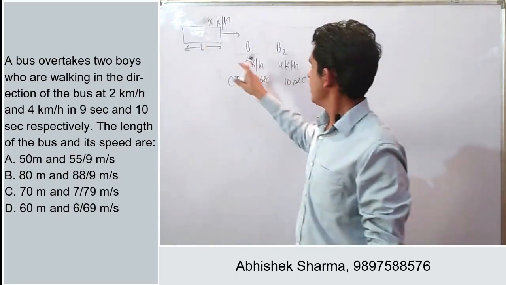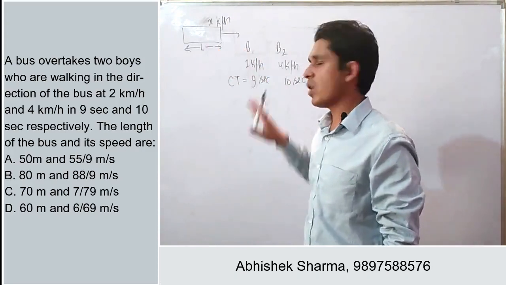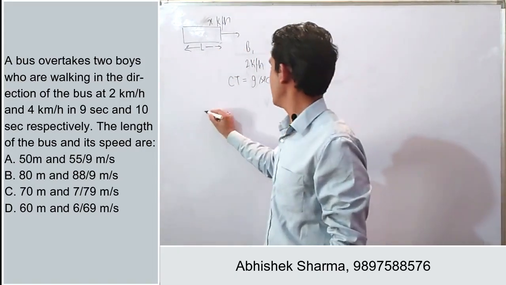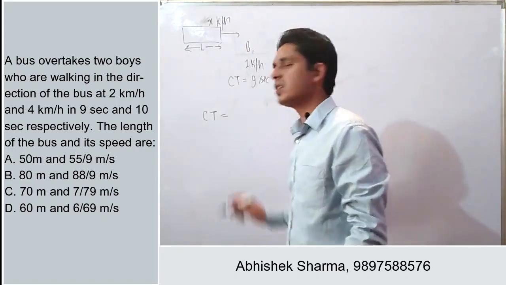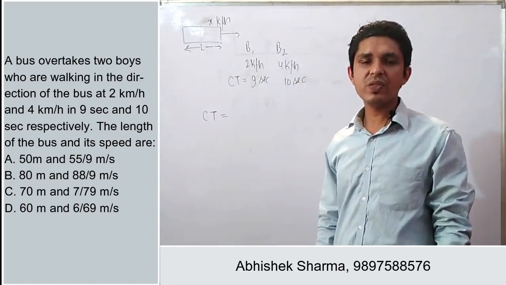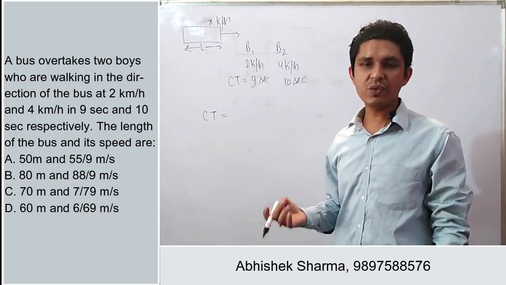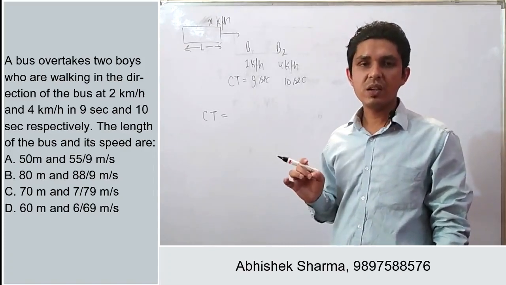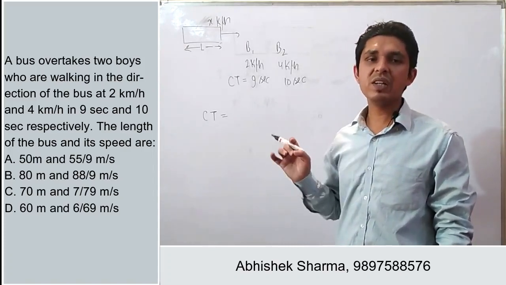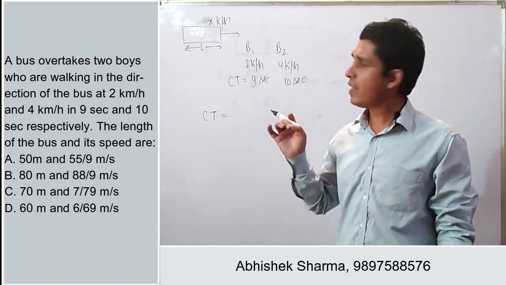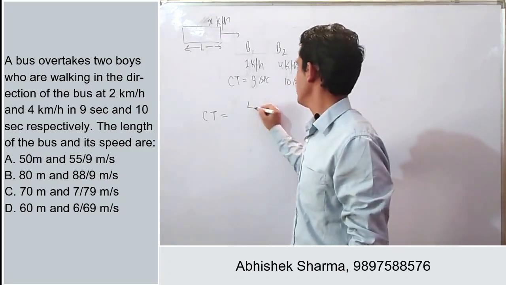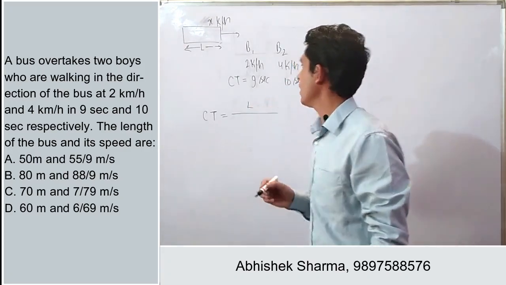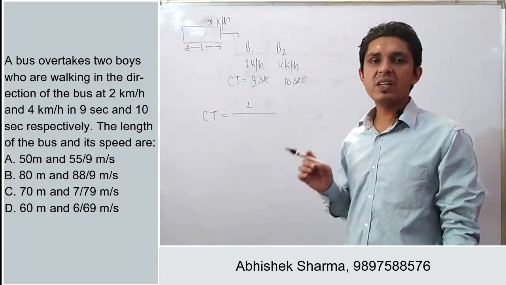First, the bus is crossing boy 1, so we can calculate the crossing time. Crossing time will be the length of the bus plus the length of the boy. In this case we will consider the length of the boy equal to 0, and we take the length of the bus, which we have assumed is L, divided by the relative speed.